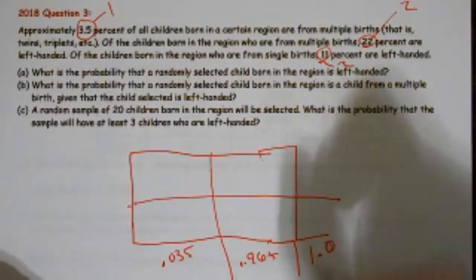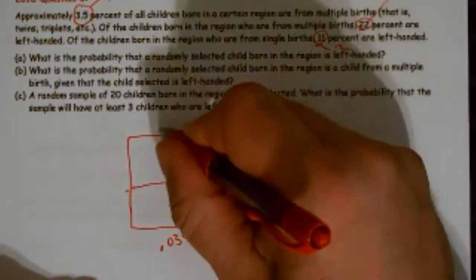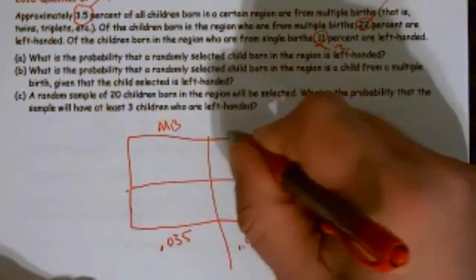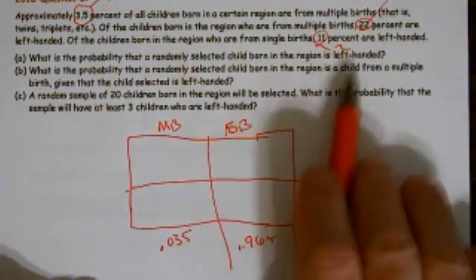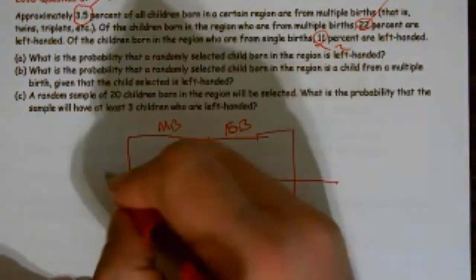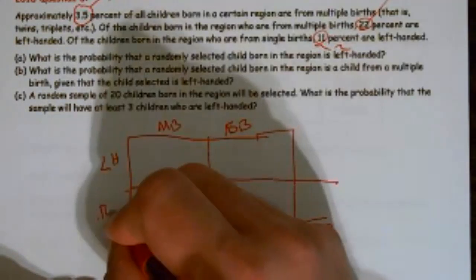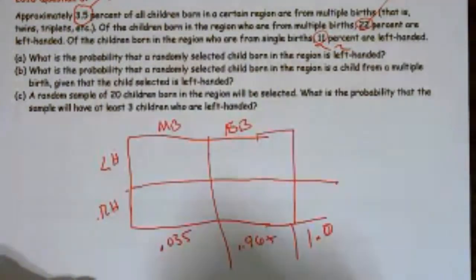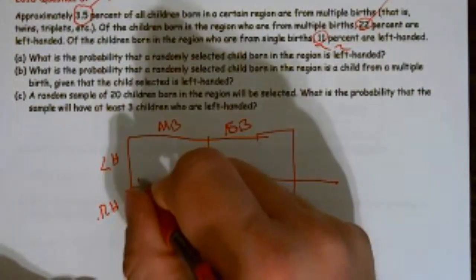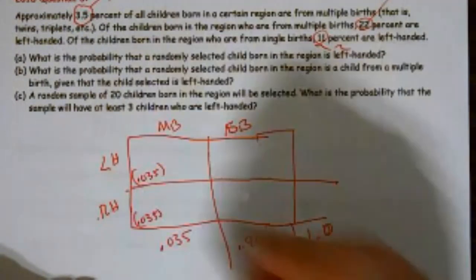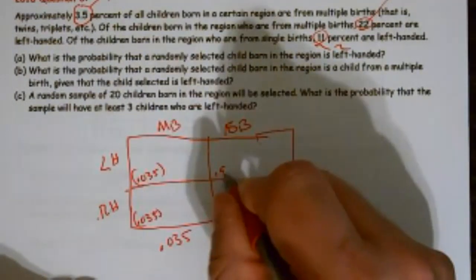And that's one whole. Multiple births, single birth. And then left-handed, right-handed, or not left-handed, however you want to look at it. So I'm going to bring this up in small numbers, 0.035 and 0.035, 0.965, and 0.965.